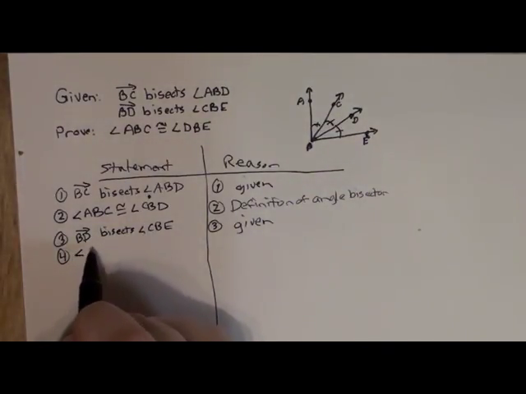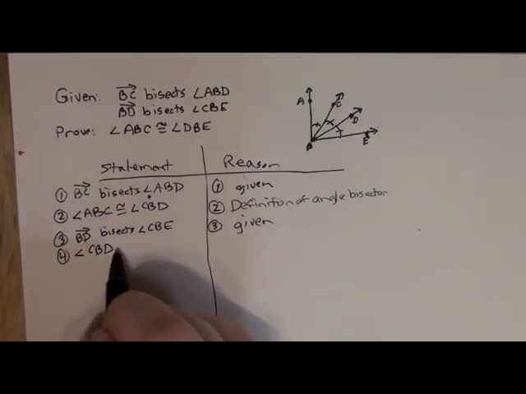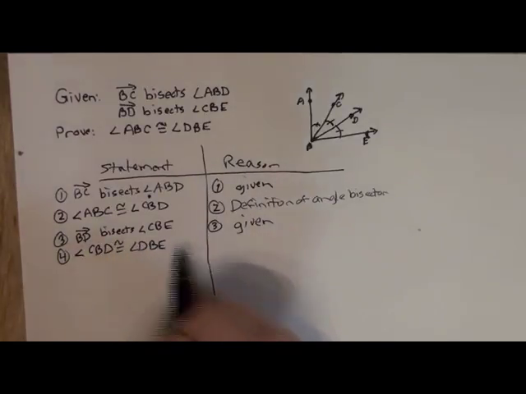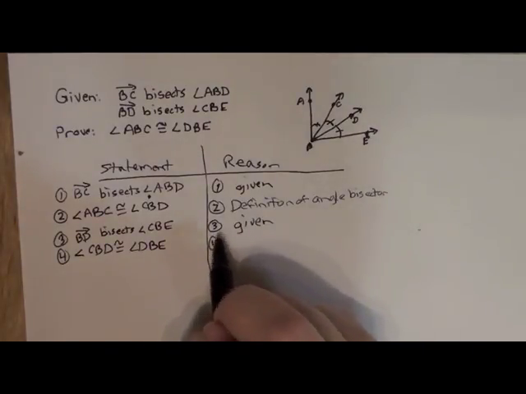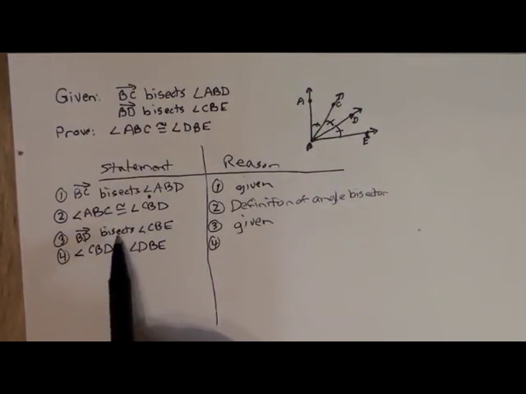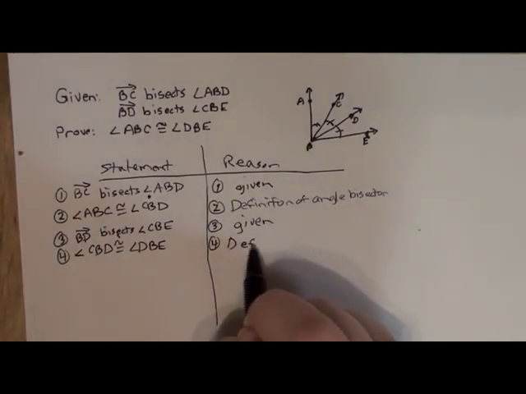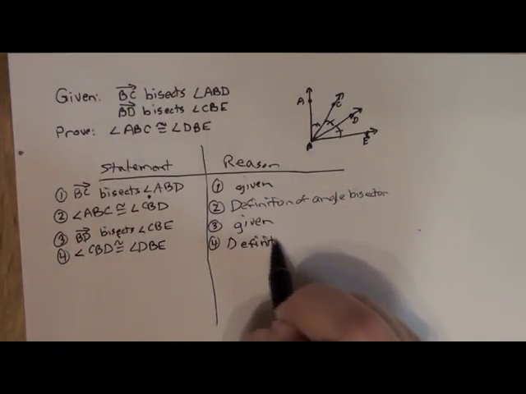So that's angle CBD is congruent to angle DBE. And the reason that we knew these were congruent is because that's the definition of what it means to bisect. That's the definition of angle bisector.